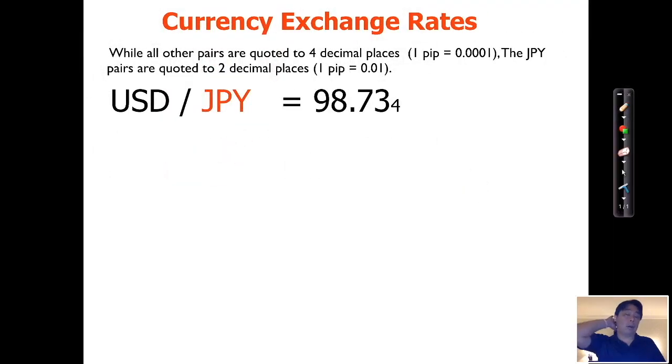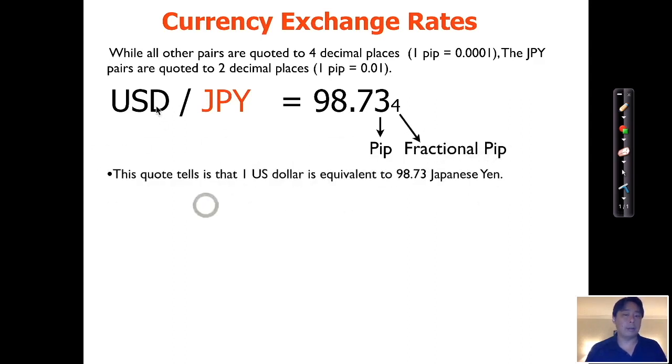So the best example is the dollar yen. In this case, the dollar yen is 98.73. So again, what is this called? The first currency in the quote is the base currency. Remember, this is the base currency.